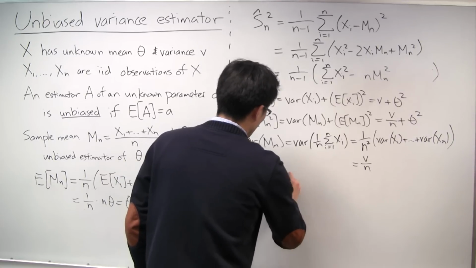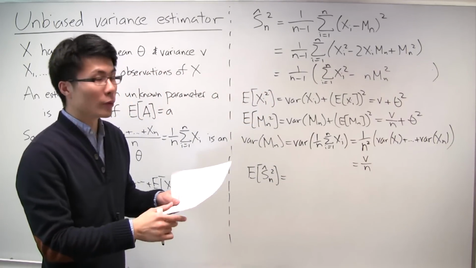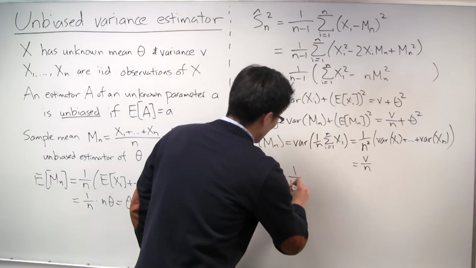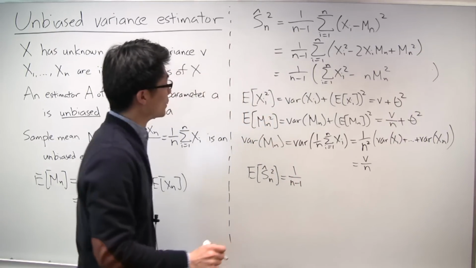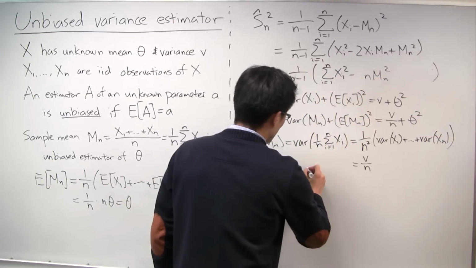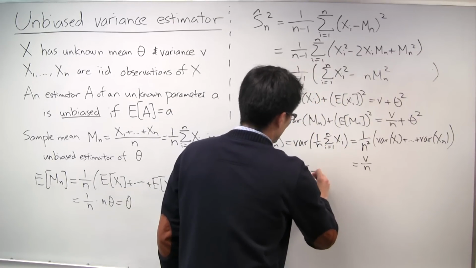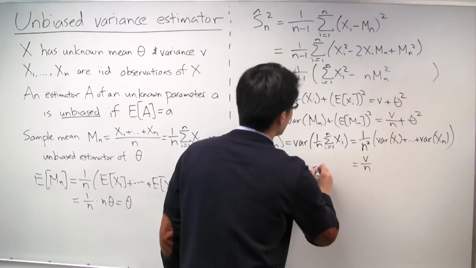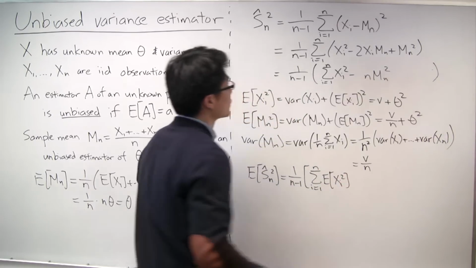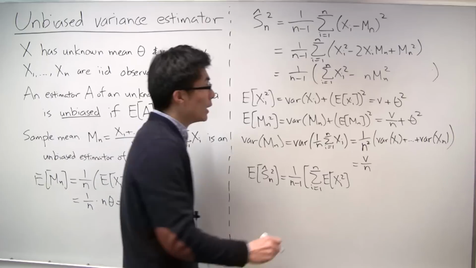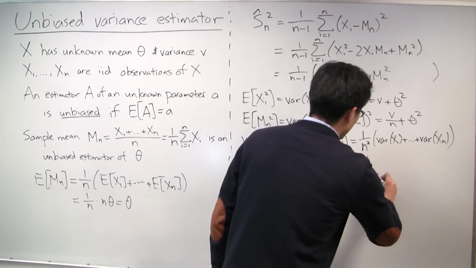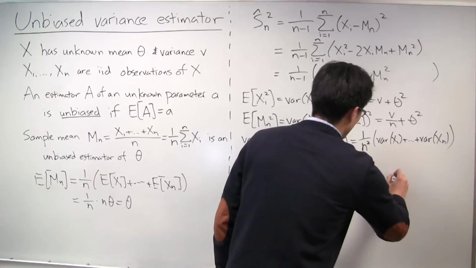Sn hat squared. Like we alluded to earlier, we're going to use linearity of expectations. So the 1 over n minus 1, we can pull that out. By linearity, we have that this is just the sum of the expectation of all the xi squares, and then we have n times the expectation of mn squared.